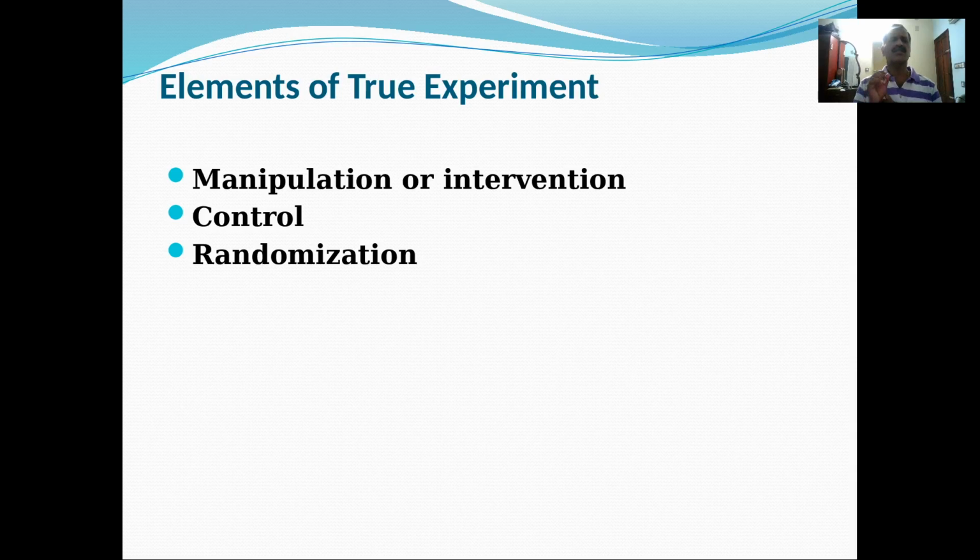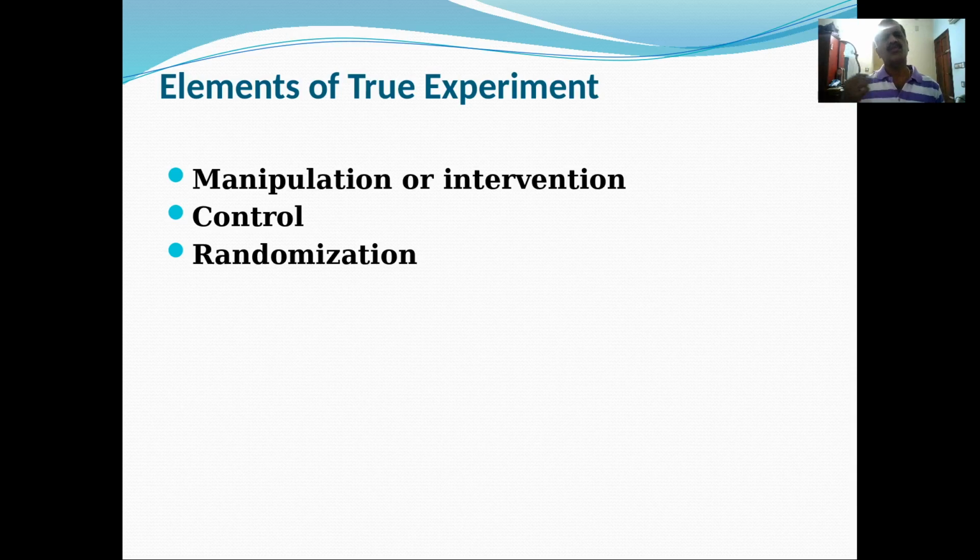This is an essential element of a true experimental study, and this intervention is needed for all types of experiment. Even in quasi-experiments intervention is there, and even in pre-experiments intervention is there. The intervention is a common element in all three forms of study. If there is no intervention, we call it a non-experimental study. So manipulation or intervention is an essential element.